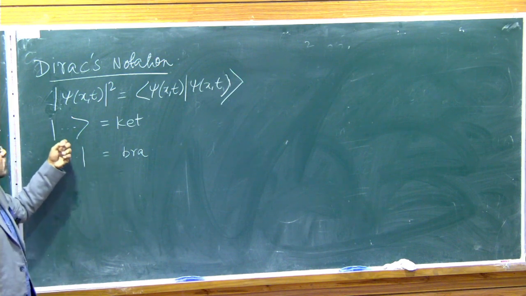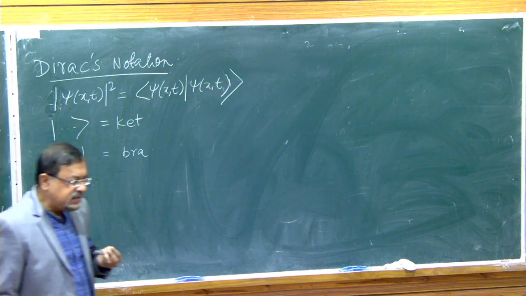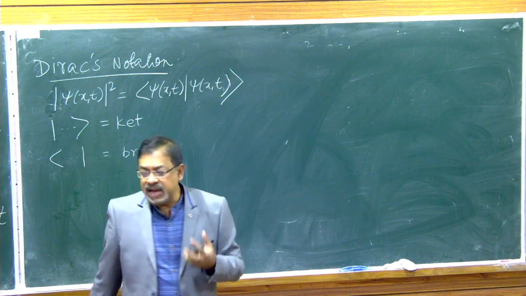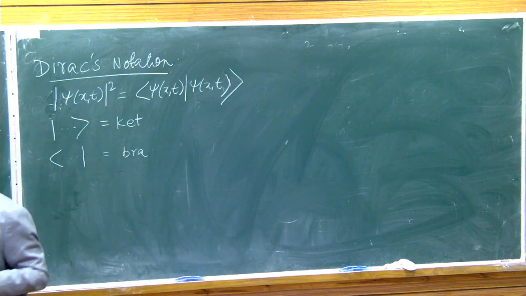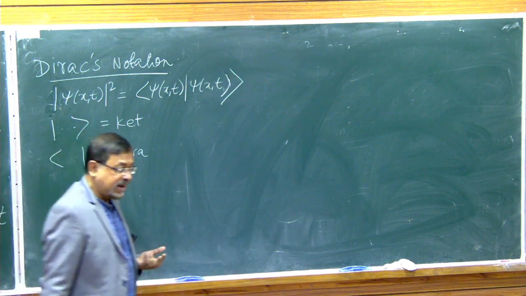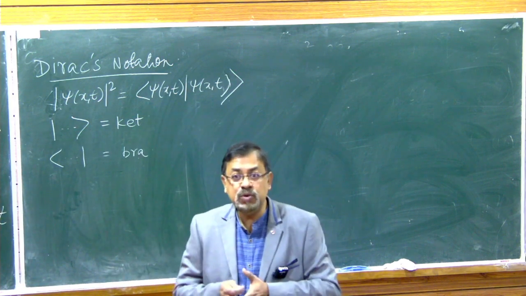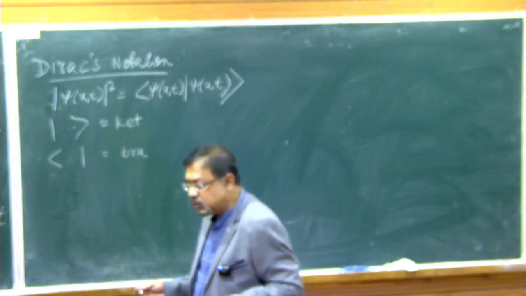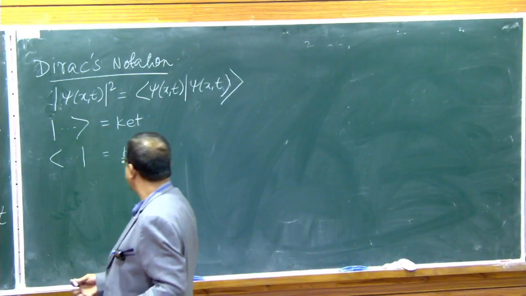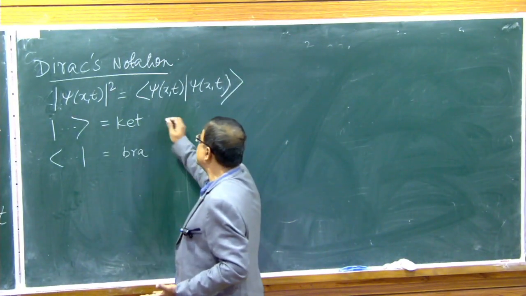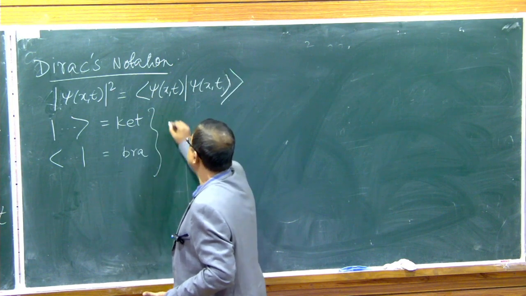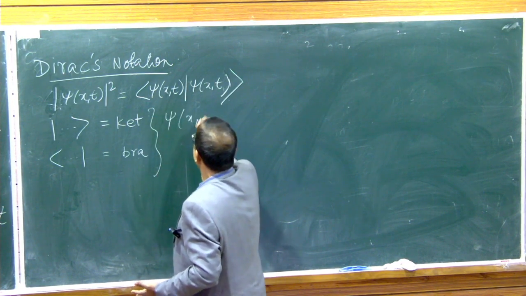So this psi immediately gives you a feeling that the psi we are talking about is of course a function of x and t, but it should describe the state of the particle, and that's why this psi is really a column vector.